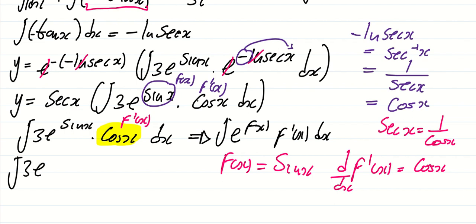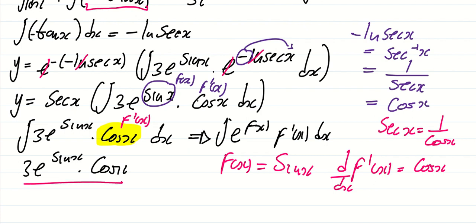So we're going to say 3e sine x times cos x. The integration of this should be equal to e to the f of x divided by the f prime that I found.